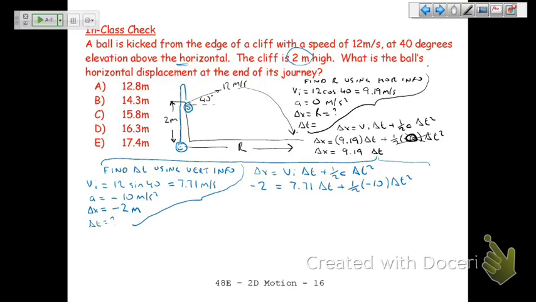So let's take this to the other side: plus 5 delta t squared. Take this to the other side: minus 7.7 delta t, minus 2 is equal to 0.